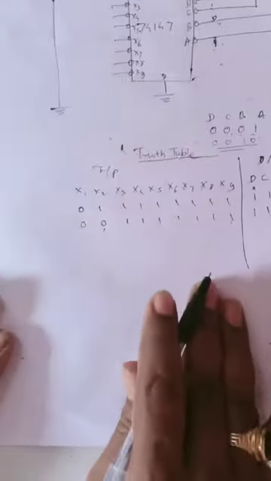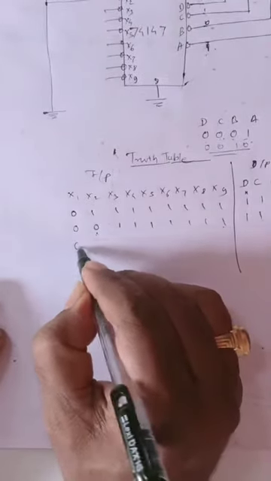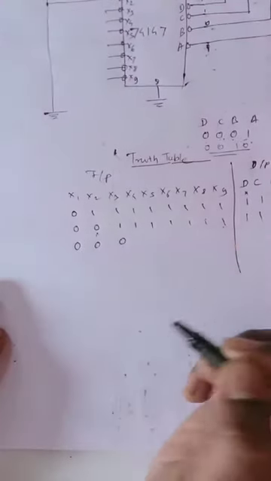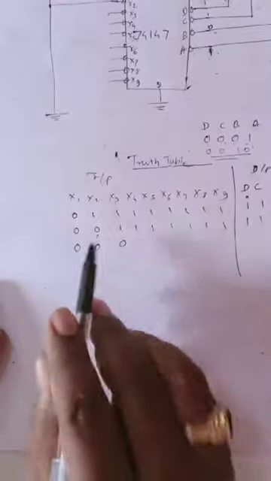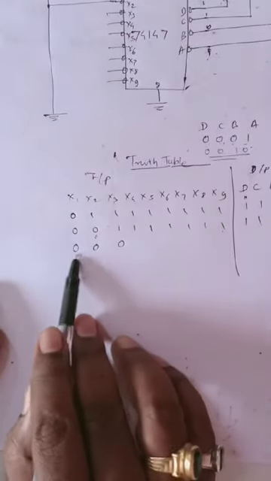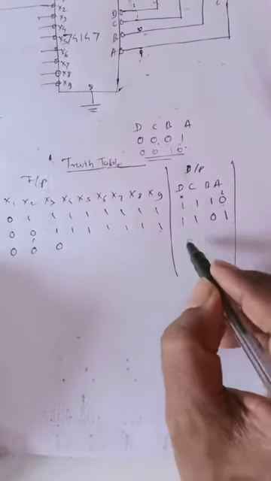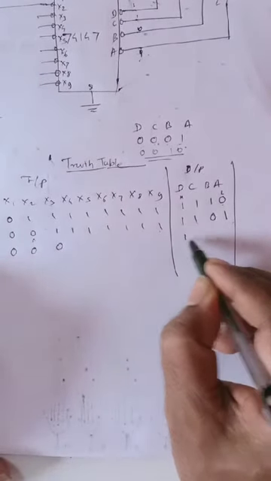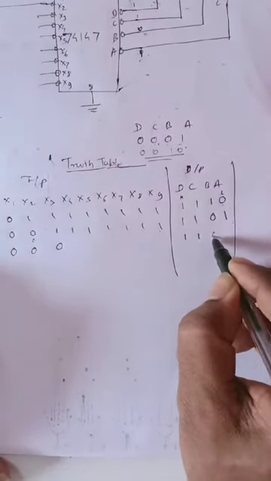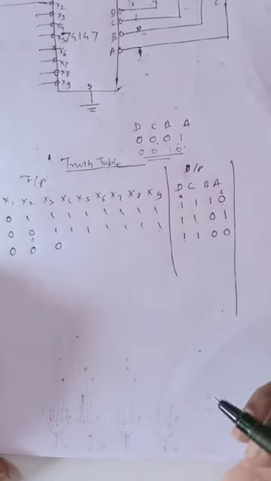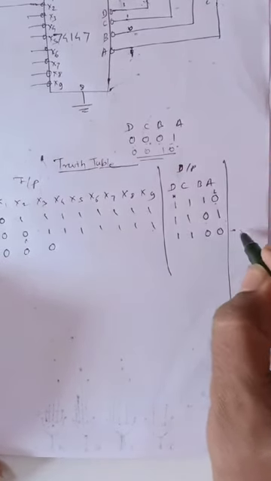If you apply 3 inputs simultaneously, just consider 3 inputs are applied. You will get the output 1 1 0 0, that means in correct form 0 0 1 1, which is equal to 3.